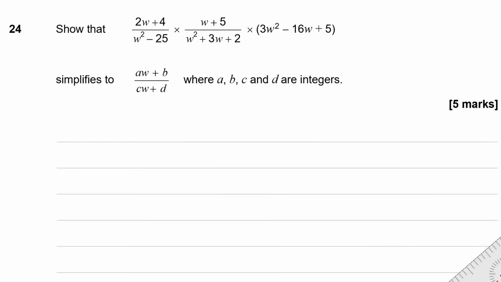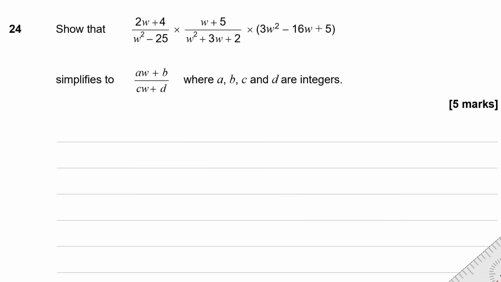So we get to finish off the paper with a 5-mark algebraic fractions question. What joy. Okay, so we've got a complex looking pair of fractions multiplied together, and we need to show that it simplifies to a slightly nicer looking algebraic fraction. Okay, so we know how to combine two fractions together normally.